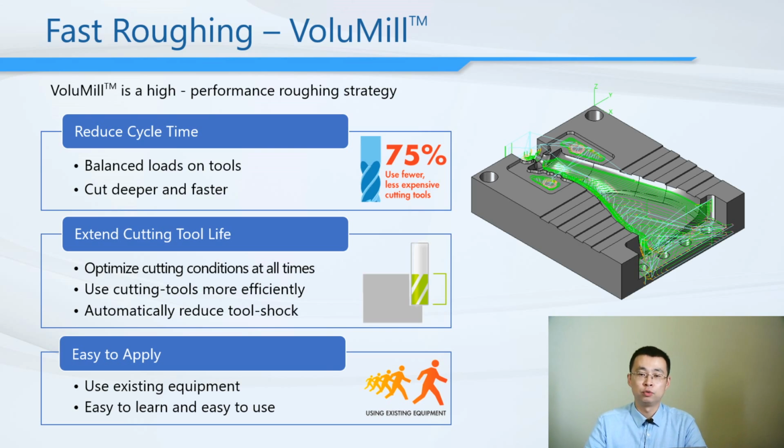It avoids making rigid tool contact with the material to reduce tool shake, and the volume mill will always try to use the full length of the flute so that the tool is cutting as long as possible. So it is used the most and worn the least, thus extending the tool life a lot and saving a lot of cost on tools.